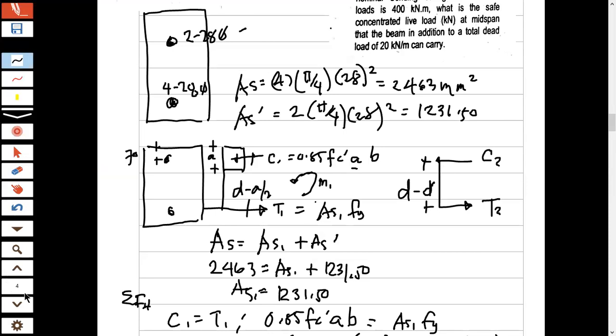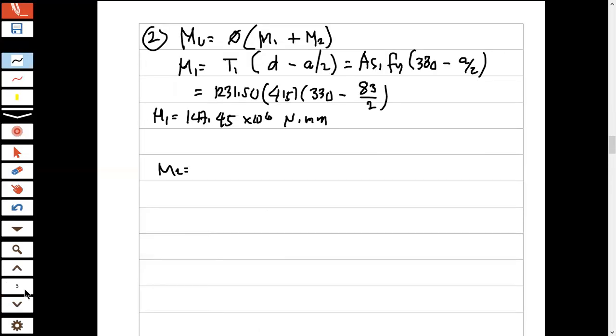We already know the T2, the AS2. So you have here T2 times D minus D prime. T2 is equal to AS2, or AS prime, we can put AS prime because we are constantly using AS prime, times Fy, and then you have D minus D prime. What is AS prime?